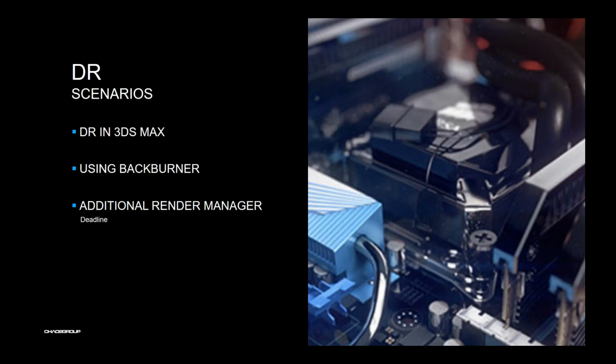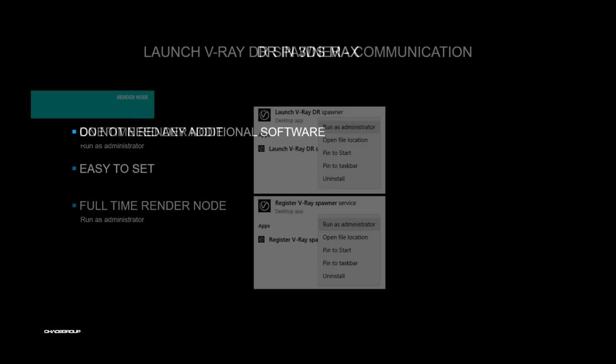You can use Backburner, a simple render manager, or an additional render manager, for example, Deadline. Now let's talk about DR in 3ds Max. As I mentioned, you don't need any additional software, and it's really easy to set and manage the resources.